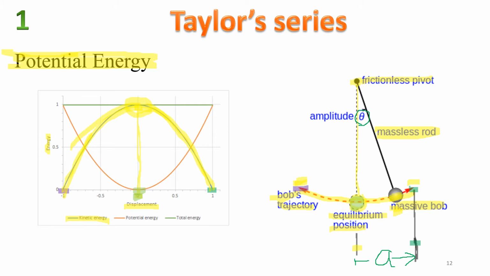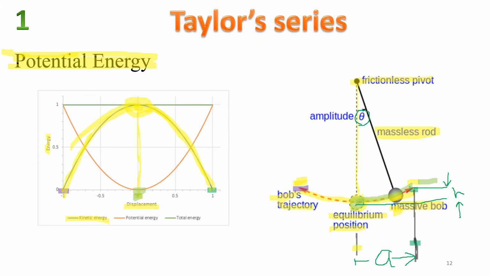As the bob goes to the right hand side, potential energy goes on increasing this way. So if I chart the baseline and the top line and set this as H, then mgh you can call the rise in potential energy.